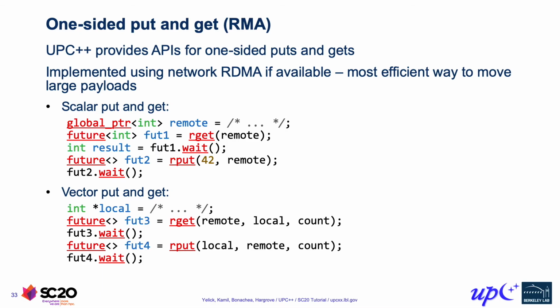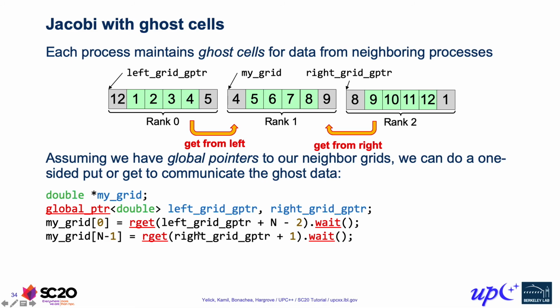So now that we have one-sided put and get, we can go ahead and implement a version of our 1D Jacobi that uses it rather than RPC to do data transfers. But before we do that, we need to see how the grids are represented and what we use as the source and destinations of these one-sided communication operations.